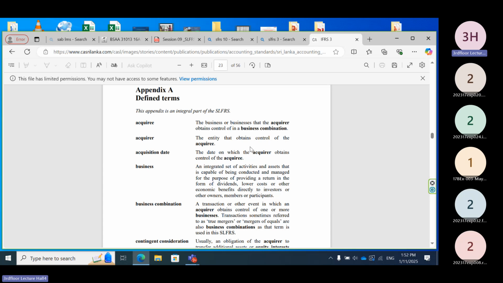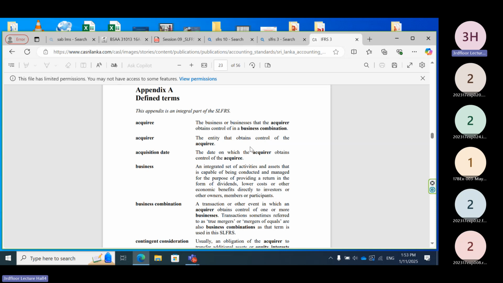Right? Don't do that. So the acquisition date, the point you got the control, is when you have to do the goodwill calculation. Why do we have to do that? Goodwill is an asset. To recognize an asset, you have to have control. Right? Basic asset definition. To identify an asset, you should have the control.